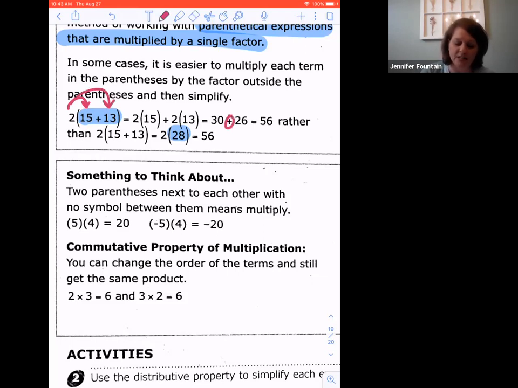So 2 times 15 is 30, 2 times 13 is 26, and you add together to make 56. Depending on what your numbers are, sometimes it's easier to distribute than add.